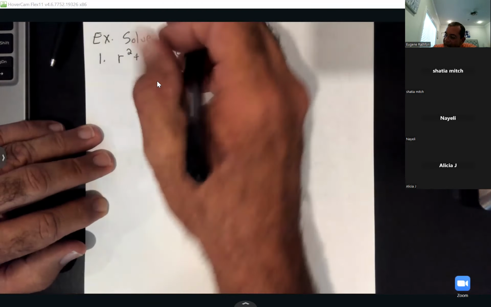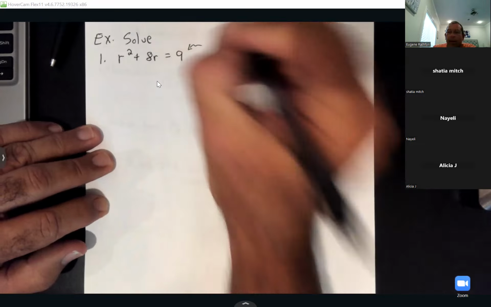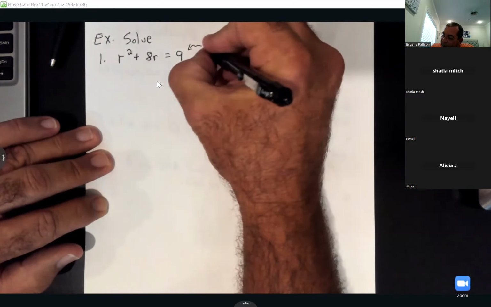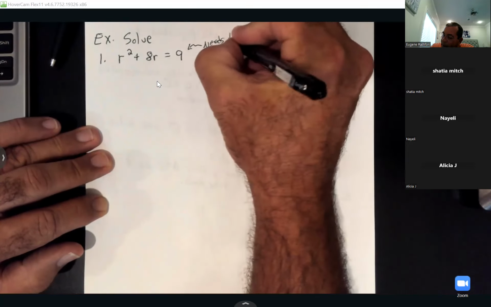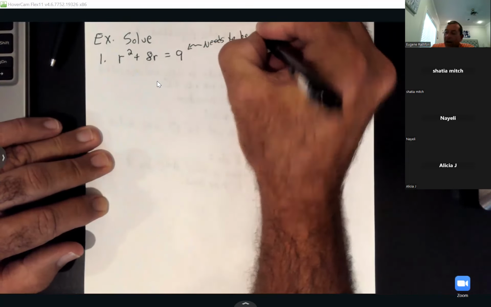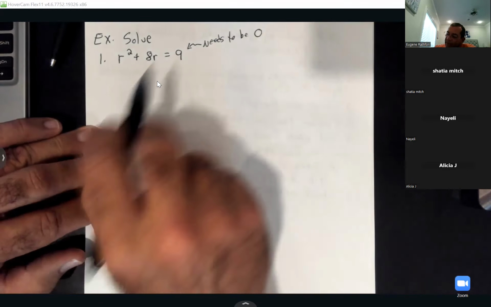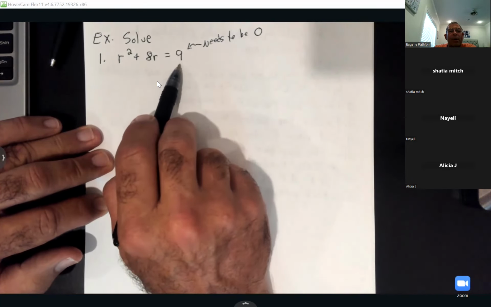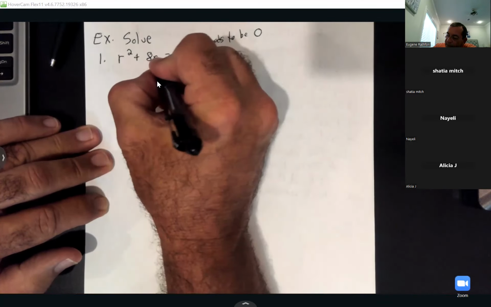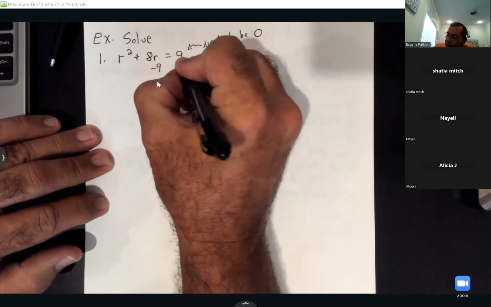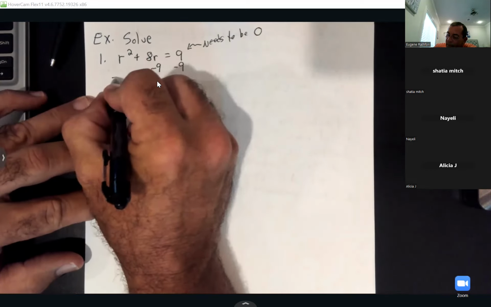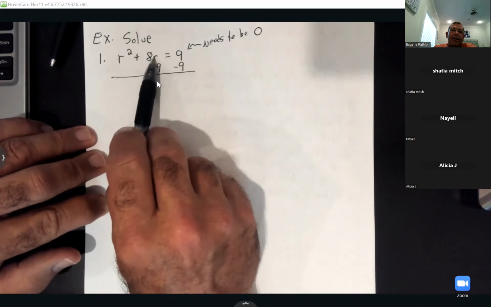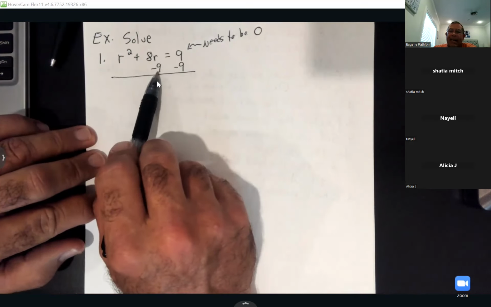Where I have this 9, we said on the right side, we need a 0. So this needs to be 0 on the right side. So to make that a 0, I'm going to subtract that 9 from both sides. And really, if you move something from one side to the other, all you're doing is changing its sign, okay?